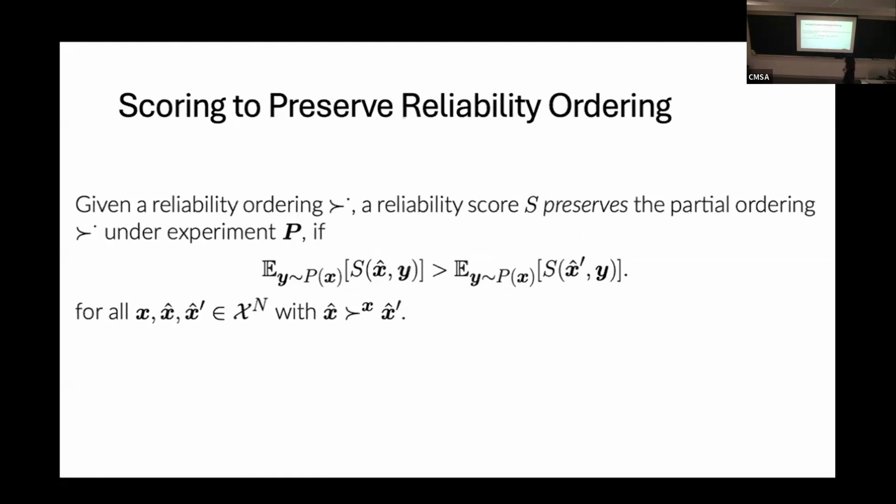We ask whether we can design a reliability score S, such that when the score assigns a value to a data set x hat based on the observation y, in expectation this score is higher than the score assigned to another data set x hat prime using observation y, when x hat is ranked higher than x hat prime according to the reliability ordering that we care about. Essentially, we want our scoring function to preserve the underlying data set ordering that we care about. And we don't know whether this is possible or not, and to what degree it is possible. So that's what we try to find out.